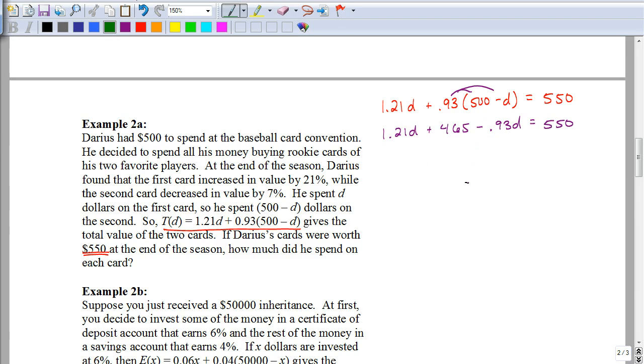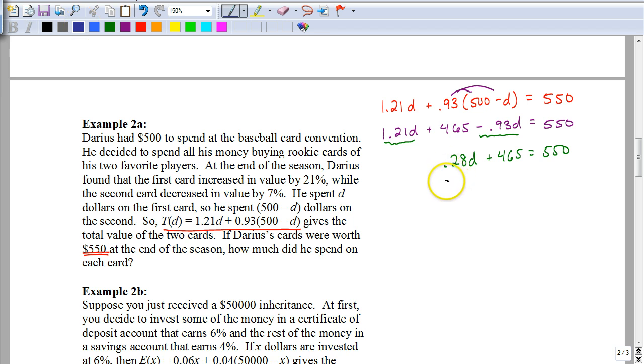They're on the same side of the equal sign, so we don't do that. Just ignore the 465 for now, and we're going to combine these like terms. So 1.21D take away 0.93D leaves me with 0.28D. We still have that 465 equaling 550.